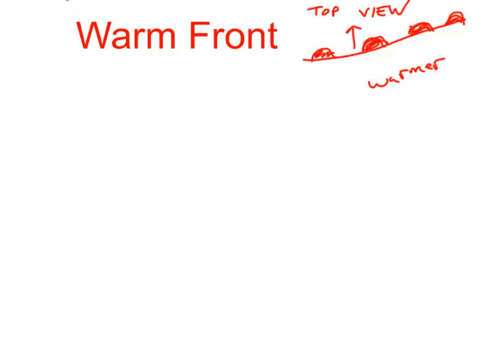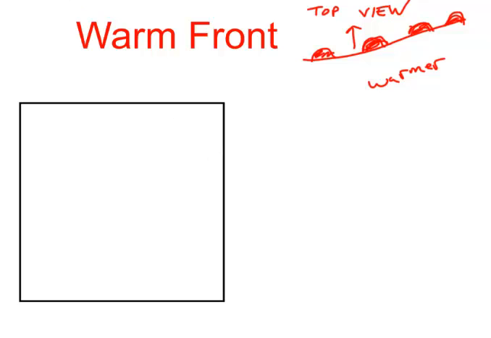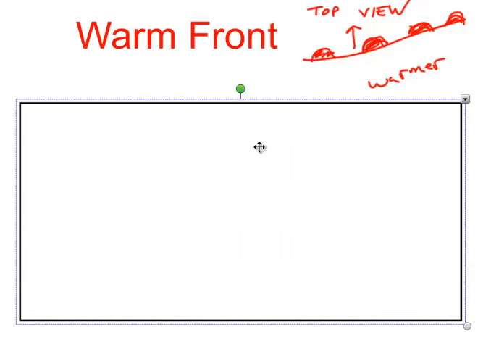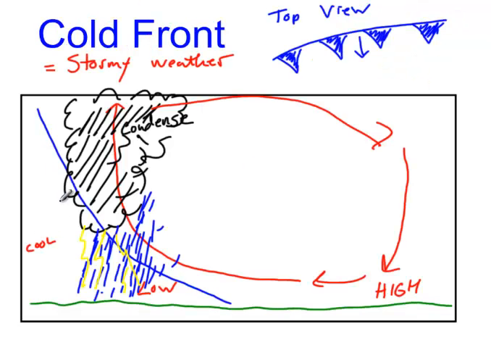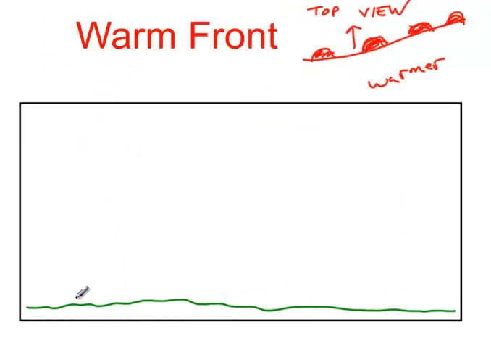If we take a look at a side view, like we did before, if cold air comes through low to the ground because it's more dense, then warm air does the exact opposite.